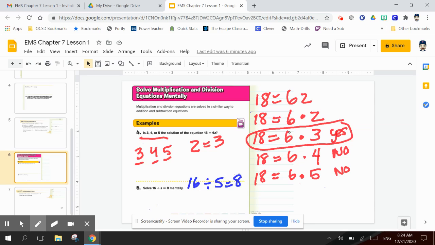So I simply am going to count by eights. 8, 16, 24, 32, and 40. I can use a multiplication chart here as well. So how many eights do I need to get 16? Well, here's 1 and there's 2. So s, my variable, equals 2. 16 divided by 2 equals 8.